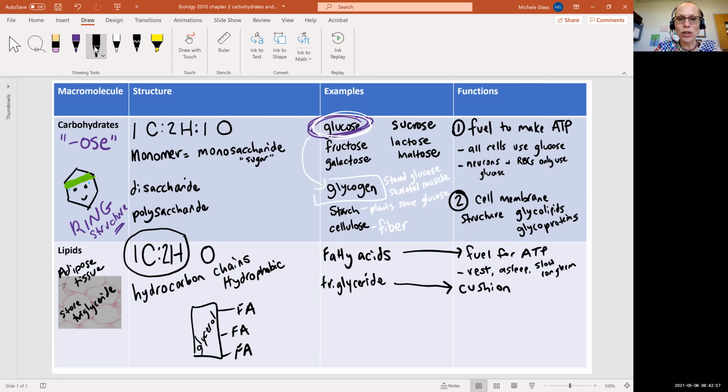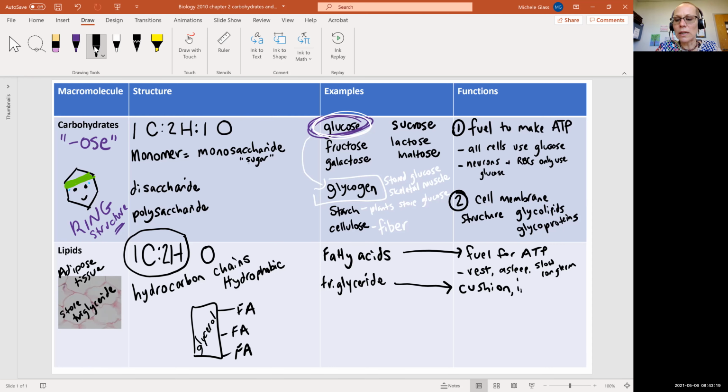You have adipose tissue surrounding your kidneys and around your heart. You have a layer of adipose tissue over top of your organs in your abdominopelvic cavity, right? This is a very important function of that triglyceride molecule.